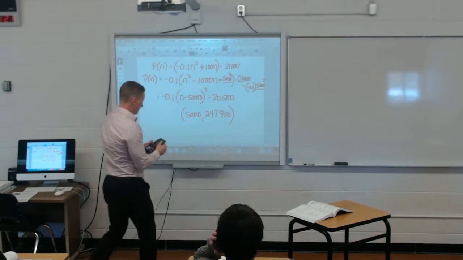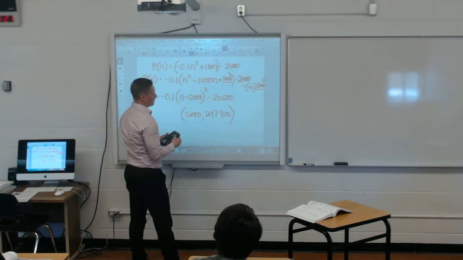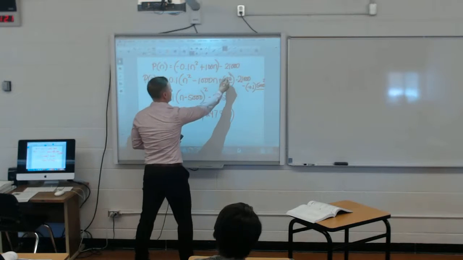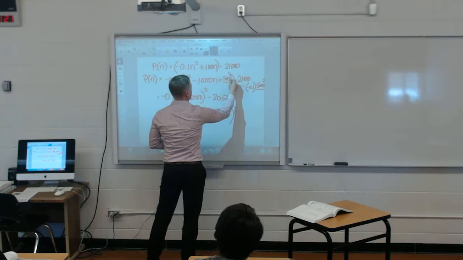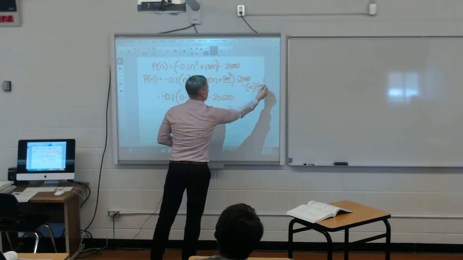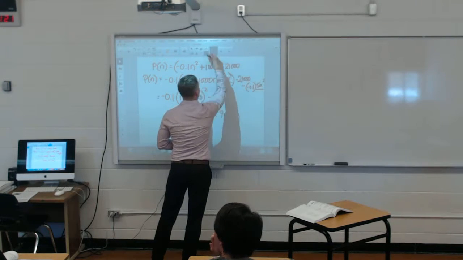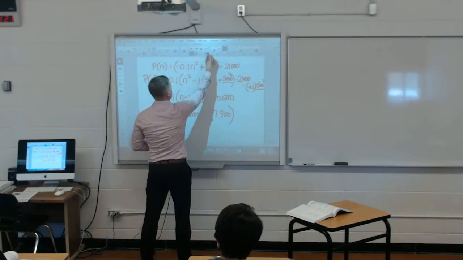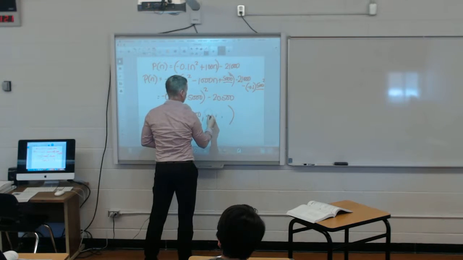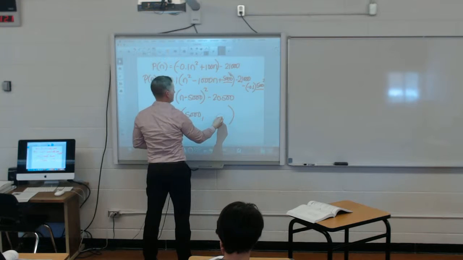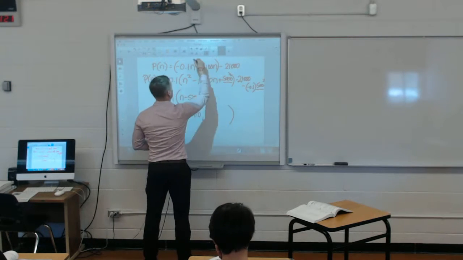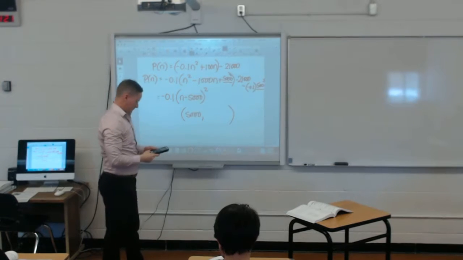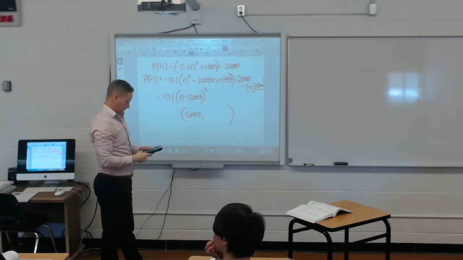Oh no, it should be 500 squared. No. The B is 500. Oh, 500. That's right. I think that's what we're going to get, 500.